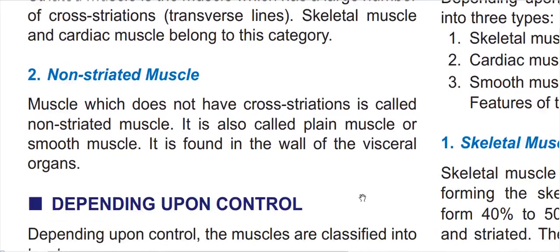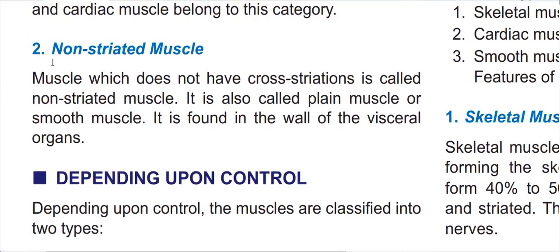Second in this category, non-striated muscle. It means the muscle which doesn't have cross striations. It is also called plain muscle or smooth muscle because it doesn't have striations, stripes. That's why these are also called smooth muscle. And pain muscle because they have pain receptors.